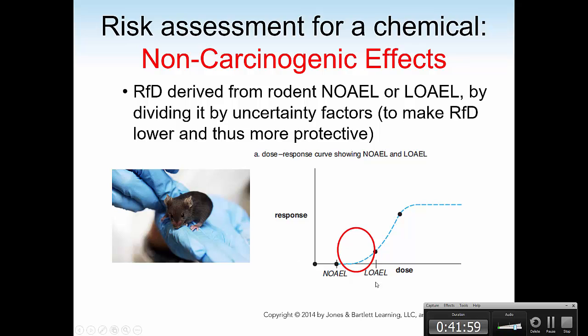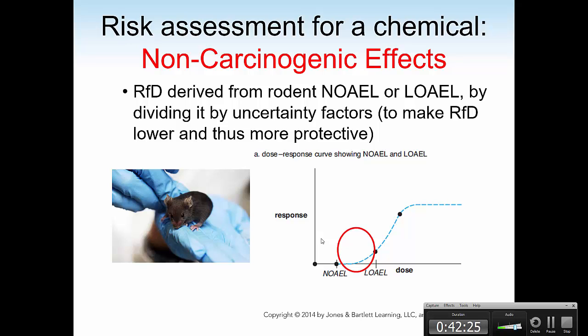Well, you can use those numbers. Using the NOAEL and LOAEL, you can figure out an RFD. Even though that level, the RFD, may not be toxic in mice, does that translate to humans? Not always. So you have to take this into consideration.